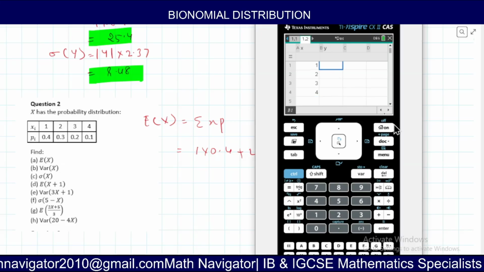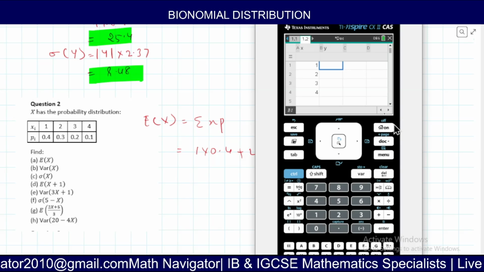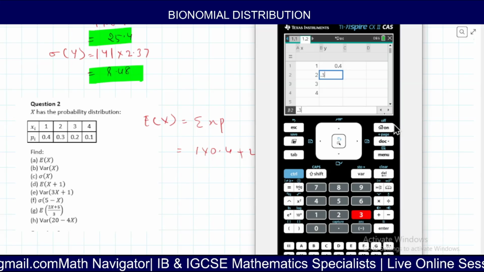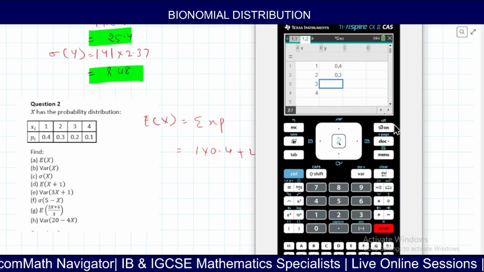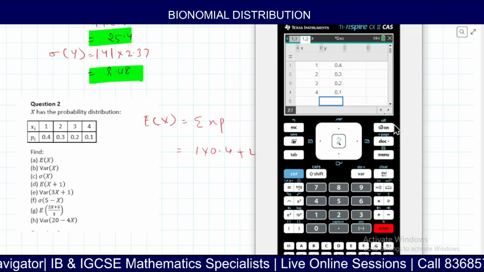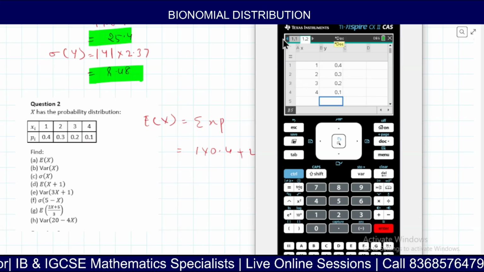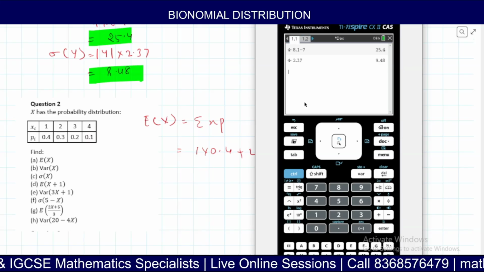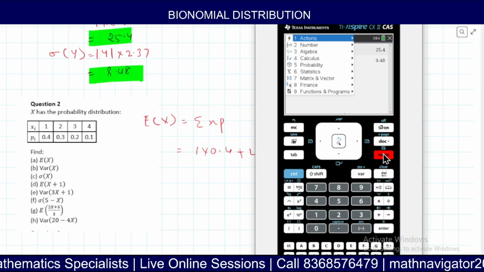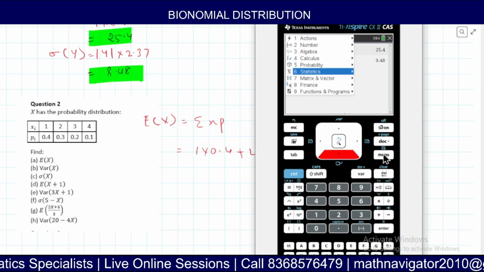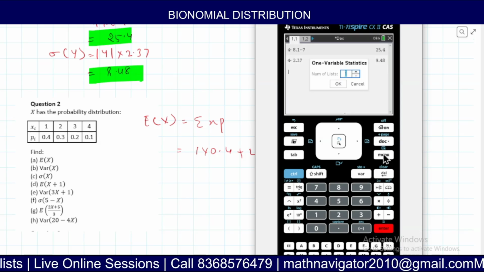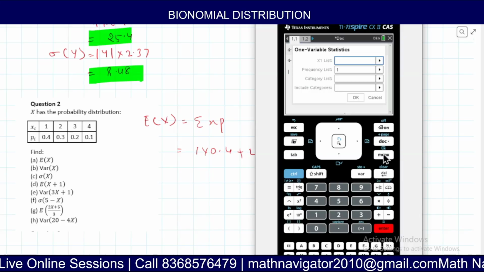Then here I enter the probabilities, 0.4 enter, 0.3 enter, 0.2 enter, and then 0.1 hit enter. Then I can come back here and go to statistics, stat calculation, one variable statistics.